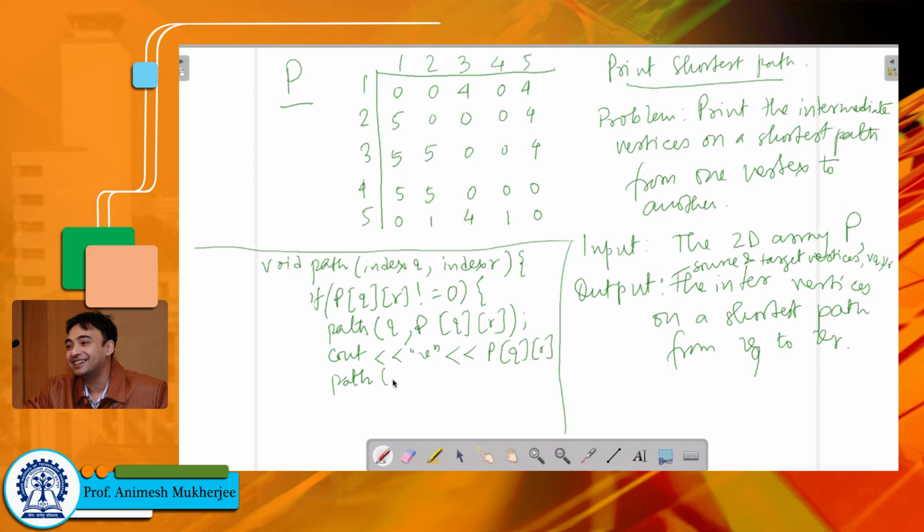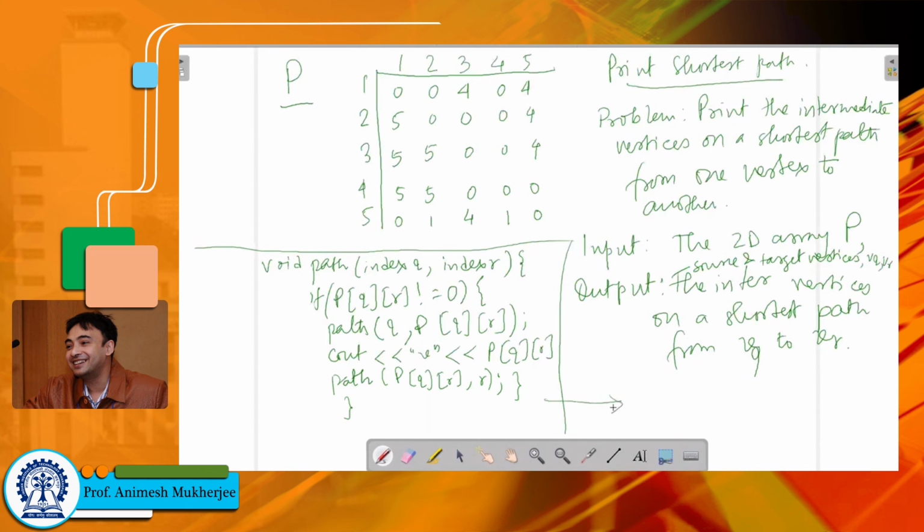You again call the path function with PQR and R as the arguments. So you see what is happening.